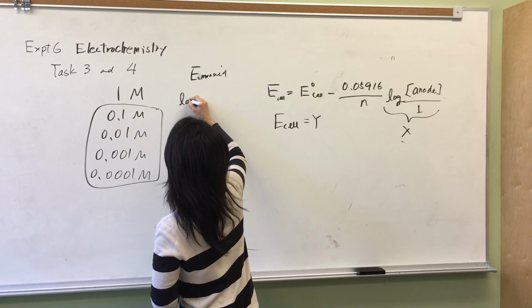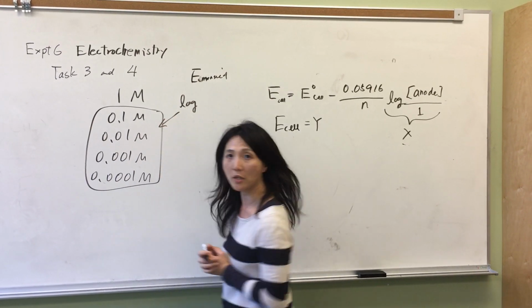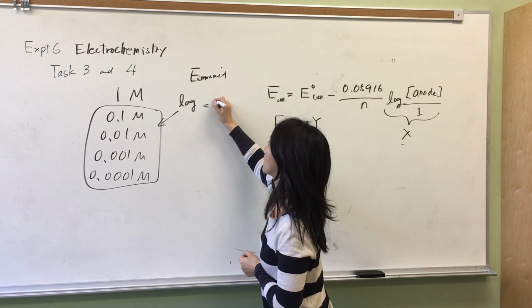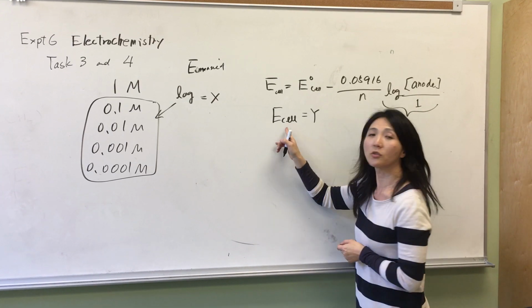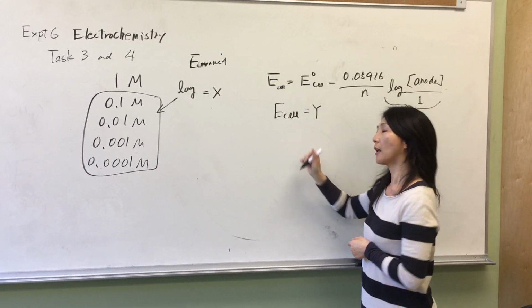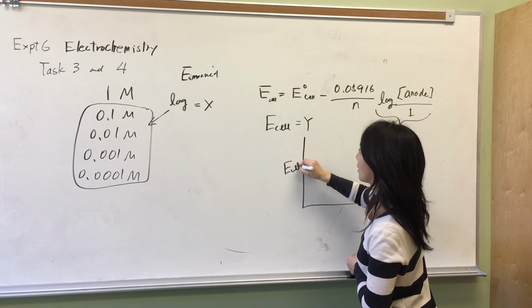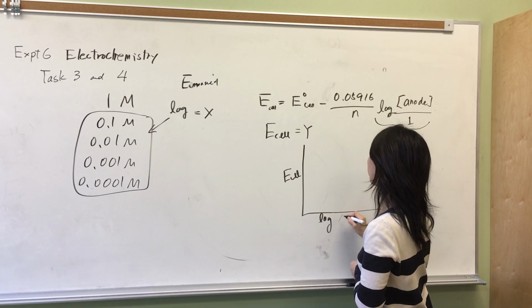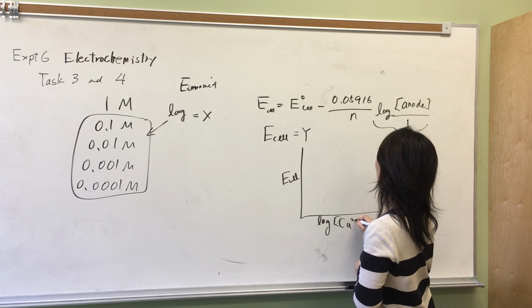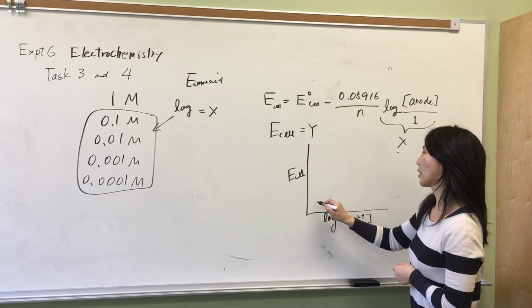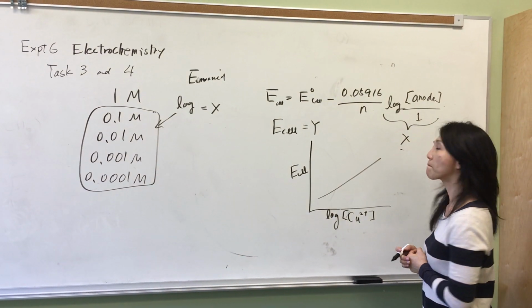So you need to take the log of that concentration, that's going to be your X, and the Y is your E observed. After you plot that data, it's supposed to give you a straight line.